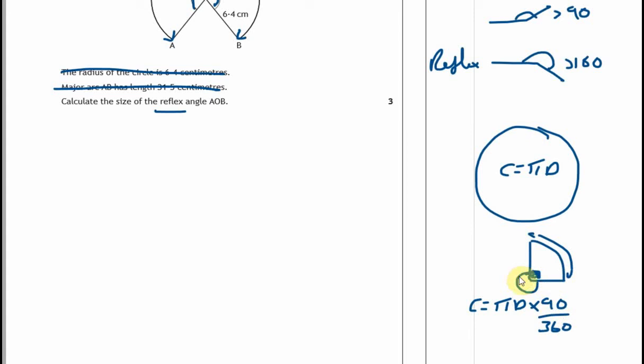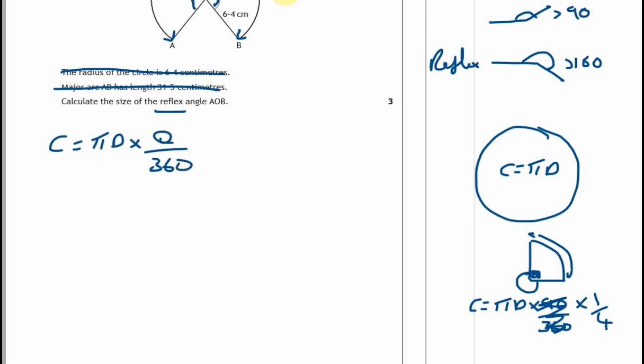If you never knew that equation, you might just know instinctively, well, I've got a quarter of a circle, so that length is going to be a quarter. But it's theta over 360, which is the equation. So we should know that the arc length for a corresponding angle is equal to pi d times theta over 360.